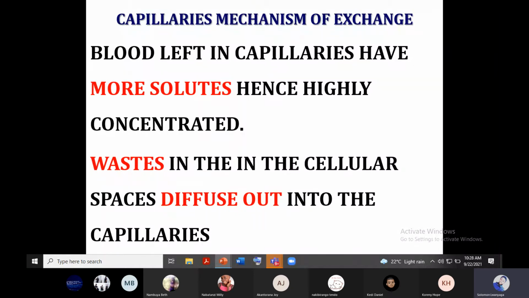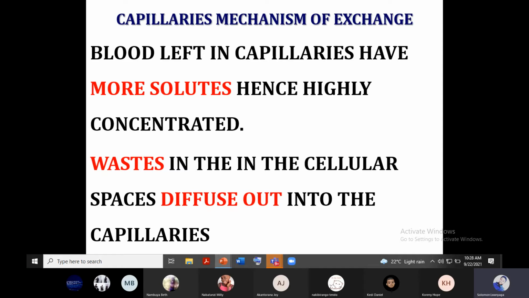So because the blood that remains in the capillaries remains very concentrated, some of what was in the tissue fluid, in the cellular spaces, diffuses back into the capillaries.